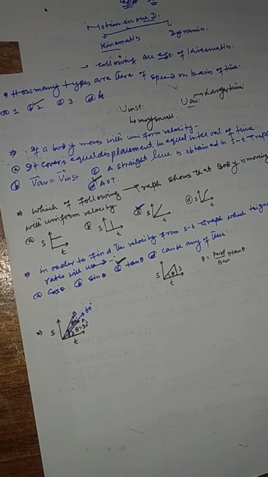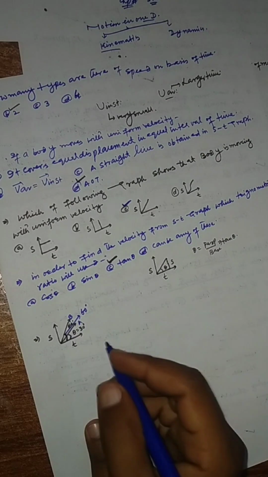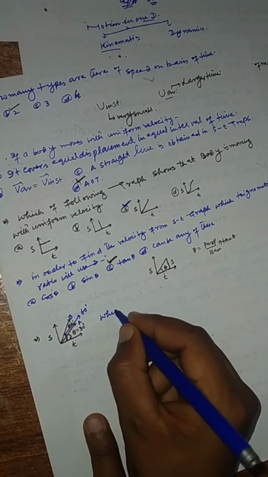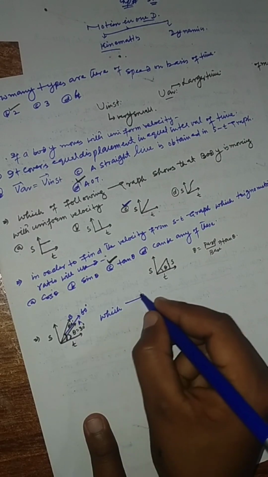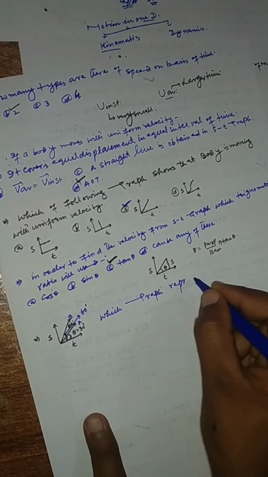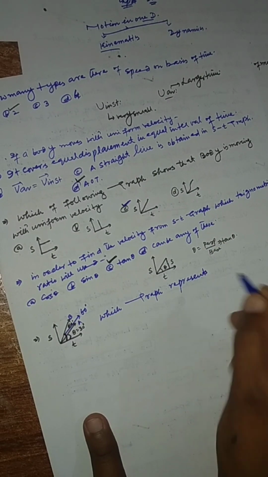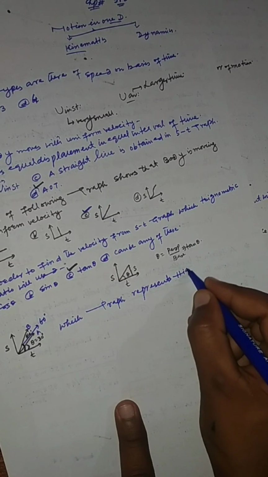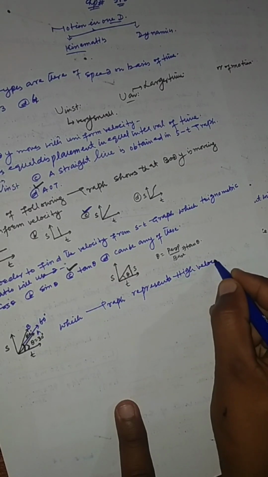Then the question is: which graph has high speed or velocity, which graph represents high velocity?